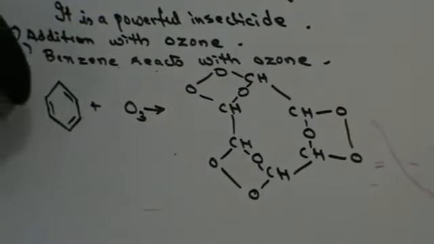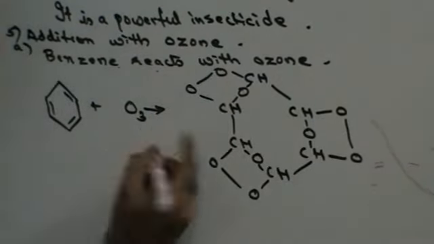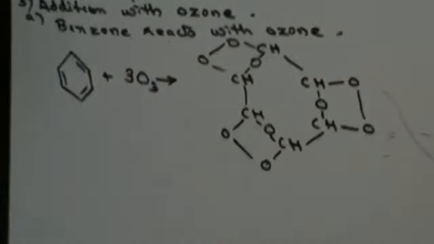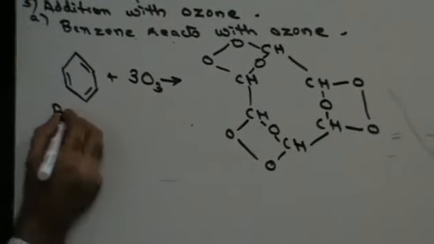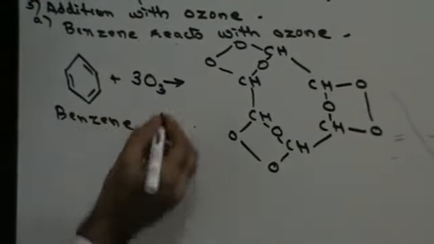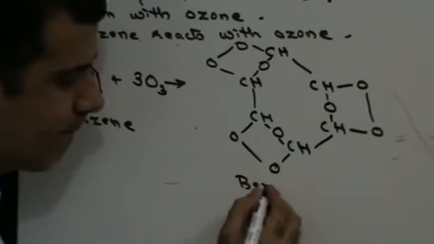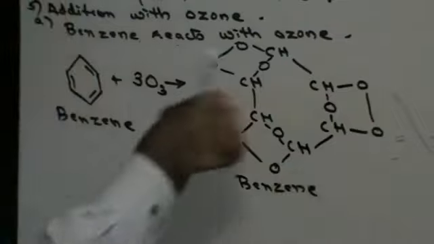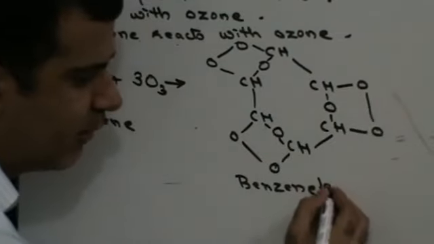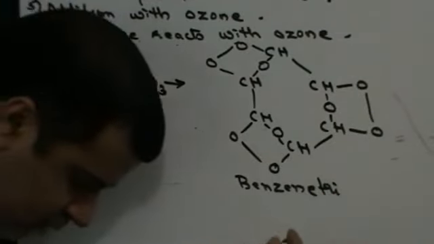This is the compound that would be formed. You have 3 ozones used, so 3O3. This is called benzene triozonide. Benzene, 3 ozone molecules are used, therefore tri-ozonide.